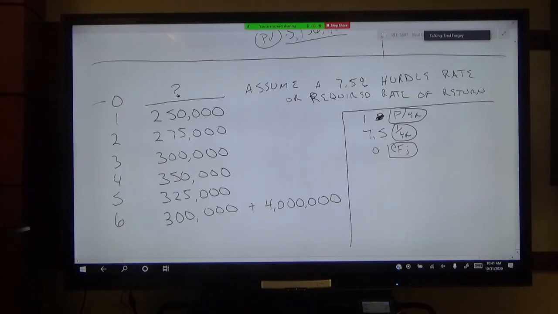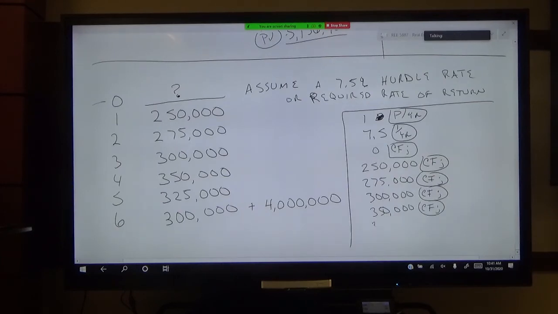Then, cash flow for period 1 will be the 250,000, followed by 275, 300, 350, 325.